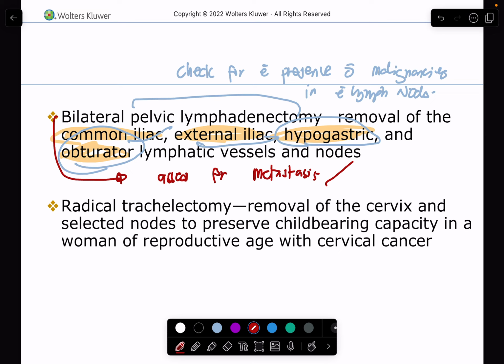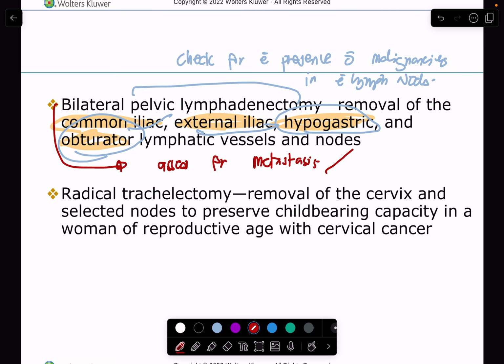Okay? Radical trachelectomy, nabanggit na natin, this is a type of fertility sparing approach or surgery kung saan if your patient is less than 40 years old and they're still planning to have a baby someday, then this is the best approach for them. This is a fertility sparing surgery, kung saan we are preserving the uterus.